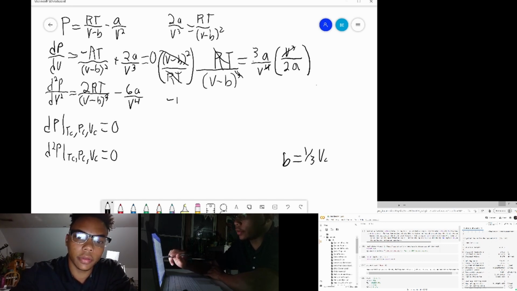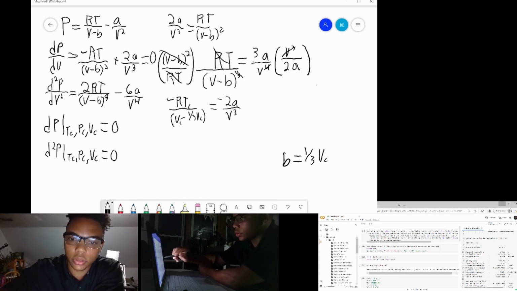So we're going to have negative RT over V minus 1/3 V, critical temperature out here, everything's critical value, is equal to negative 2A over V cubed. So what we're going to do first, let's just square. Just going to make this negative RT.